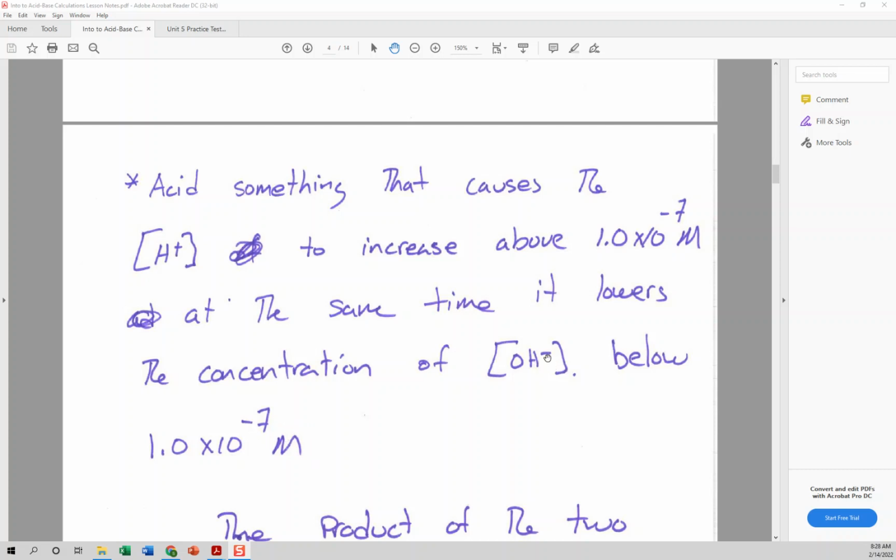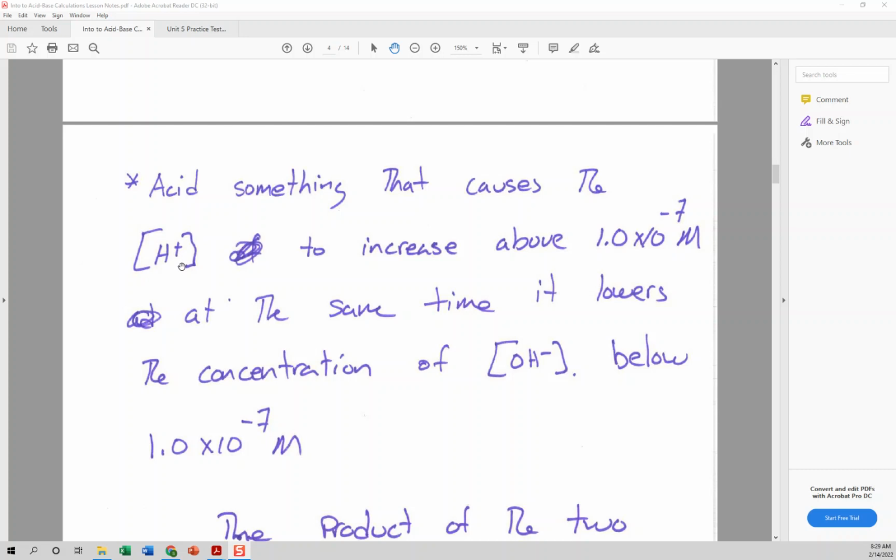Because the molarity of this times the molarity of that always has to be 1 times 10 to the negative 14 in a water-based solution. So as H plus increases, OH minus decreases, and vice versa. So a base is something where if I add to water, it's going to drive up the concentration of OH minus, but at the same time, it's going to be driving down the concentration of H plus.